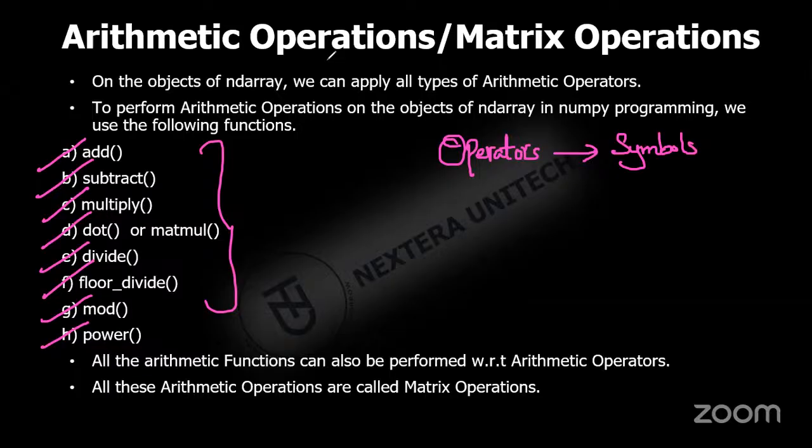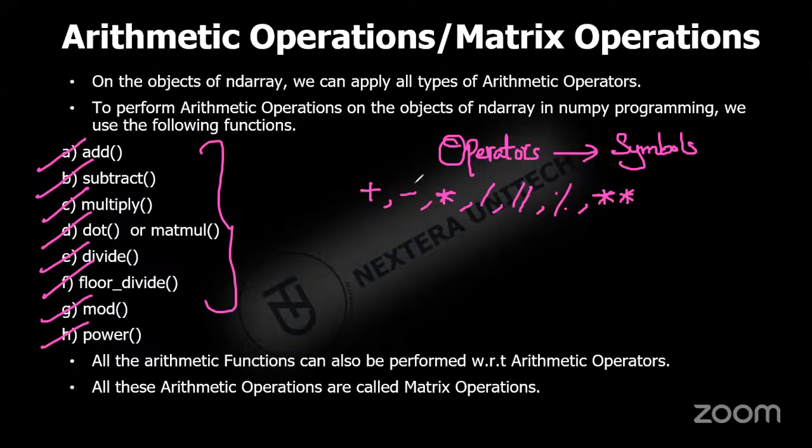Let us understand one by one. If you remember, under operators we used the symbols plus, minus, asterisk, slash, double slash, percentage, and double asterisk.